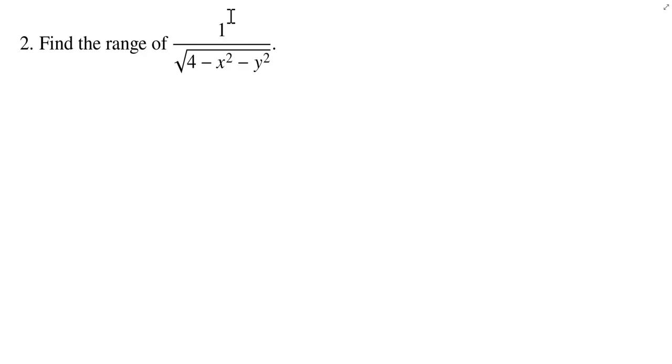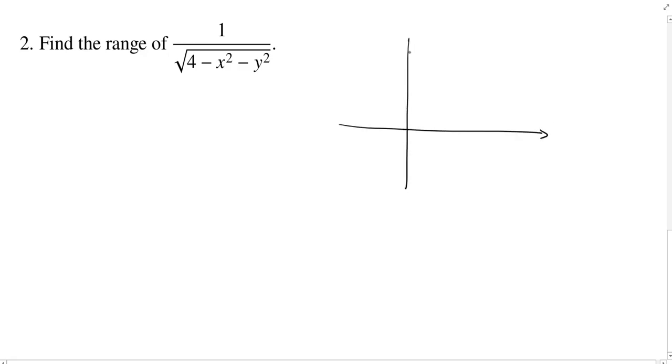Before, we had a natural log in it, which made it so you didn't include the y-axis, but that's not an issue here. So let's quickly sketch the domain of this function. We're going to draw at least the right half of a circle with radius 2. And the domain is going to be everything.